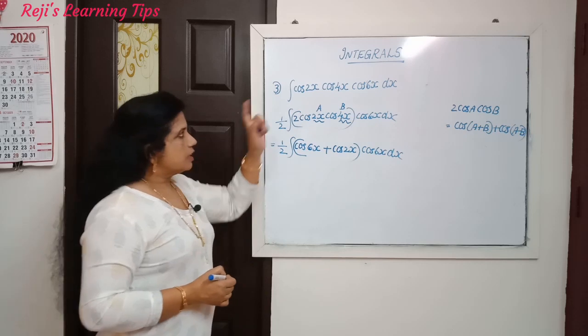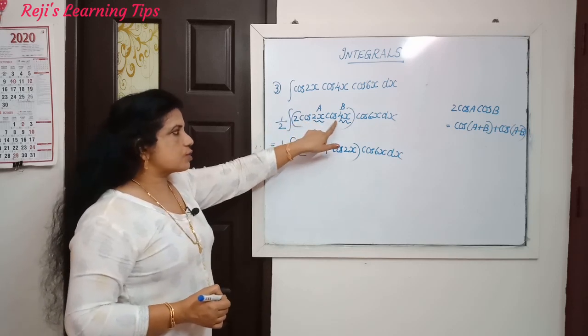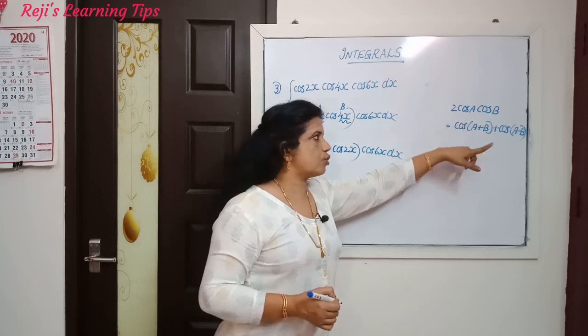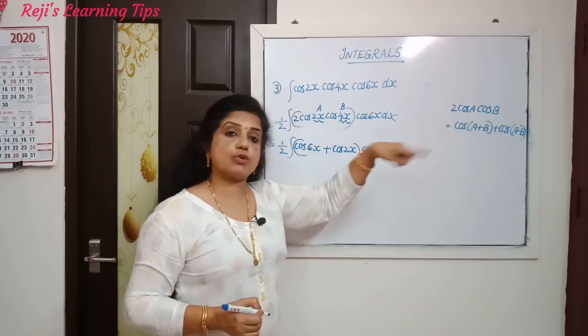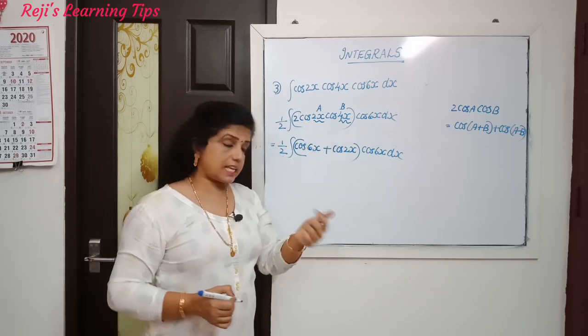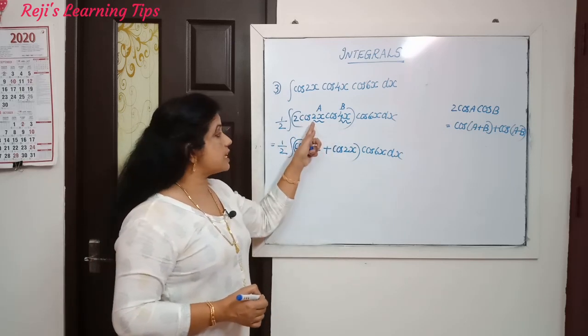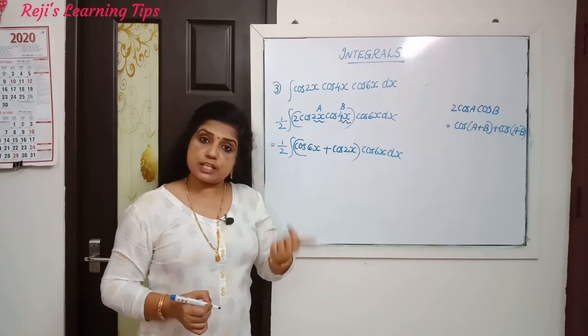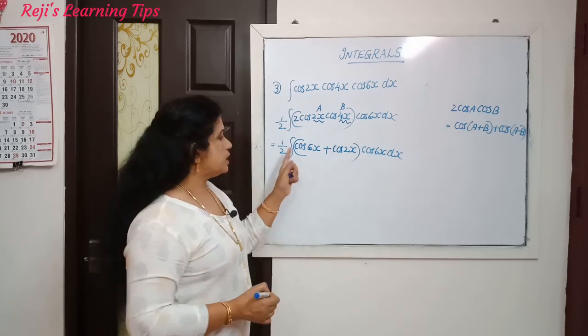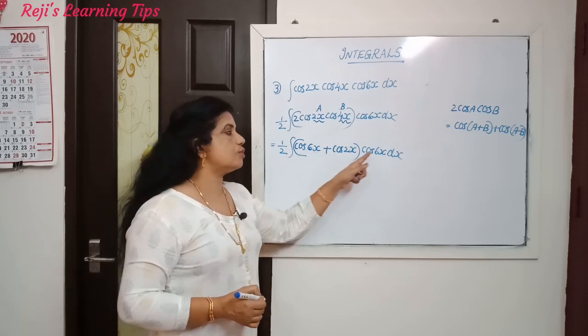Understood? 2 cos 2x cos 4x, we should apply this identity: 2 cos A cos B is equal to cos of A plus B plus cos of A minus B. A plus B is 2x plus 4x, that is 6x. A minus B is 2x minus 4x, that is minus 2x. Cos of minus 2x is cos 2x. Then cos 6x plus cos 2x into cos 6x dx.